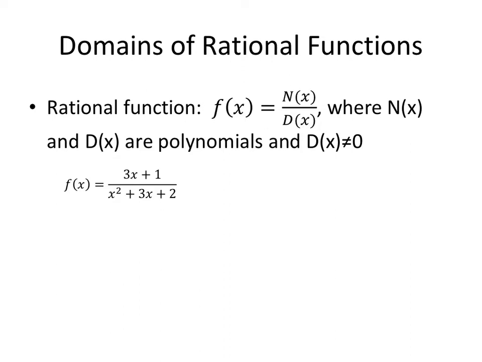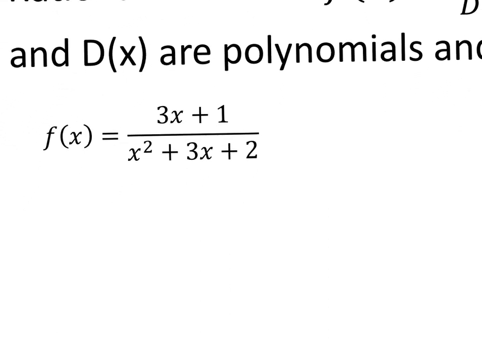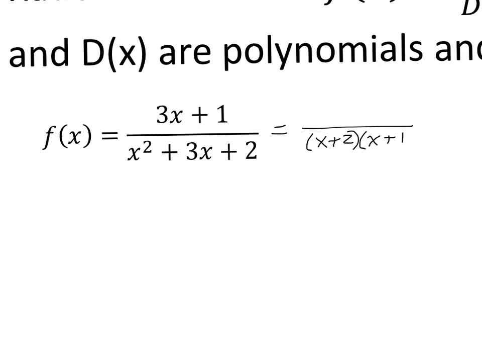So when we look at this function here, we have 3x plus 1 on top, and on the bottom, when we factor this, what we have is x plus 2 times x plus 1. So that's 3x plus 1 over all of that. Now, things that make the denominator 0, we can't divide by that, right?